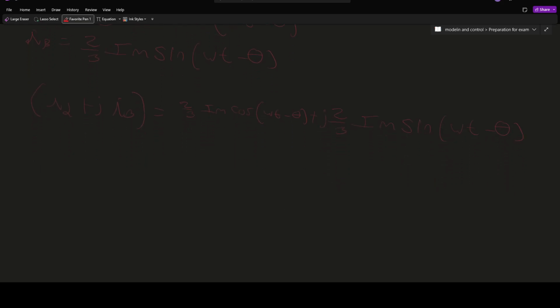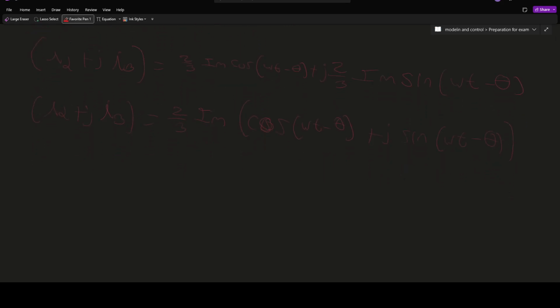Now we can factorize a little bit, and we're going to have 2/3 of the amplitude multiplying cos of omega t minus theta plus j sine omega t minus theta.